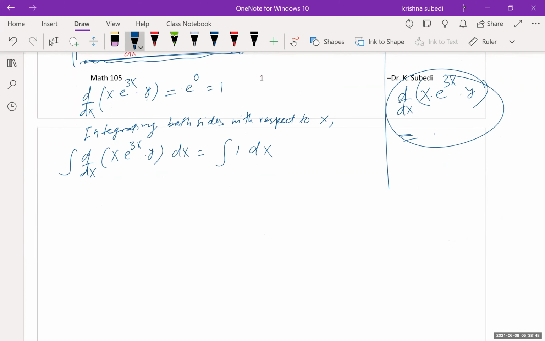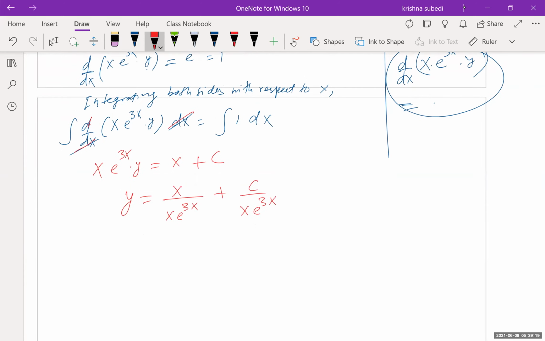So dx cancel out, and notice that the derivative and antiderivative cancel, leaving x times e to the 3x times y equals x plus c. So your y is going to be, you divide both sides by this, y equals x over x e to the 3x plus c over x e to the 3x. So that is your answer.